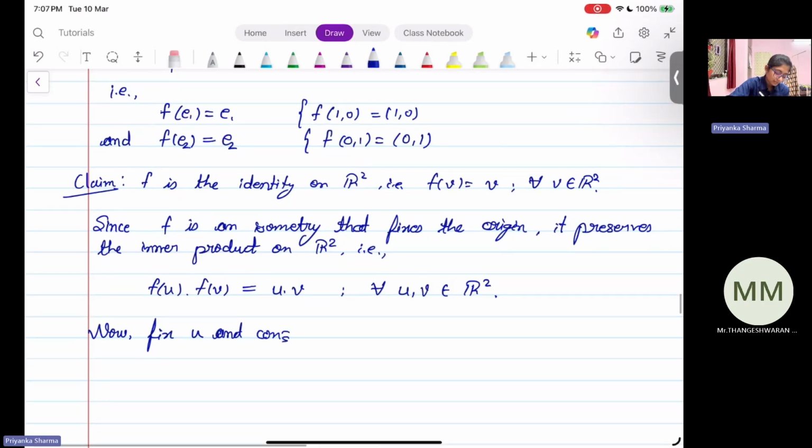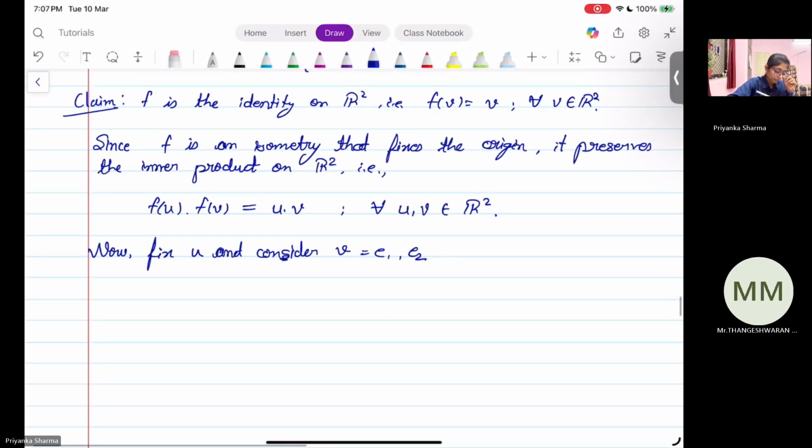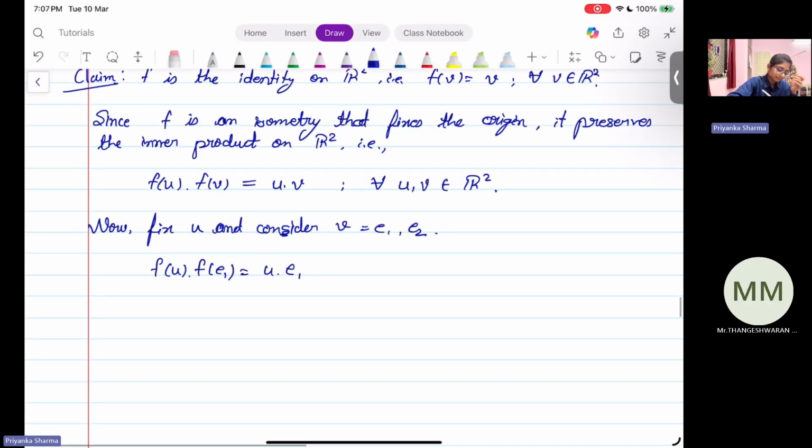If we consider v as e1, what we will get is Fu dot F e1, which is u dot e1. This is the same as Fu dot e1, and this is u dot e1.